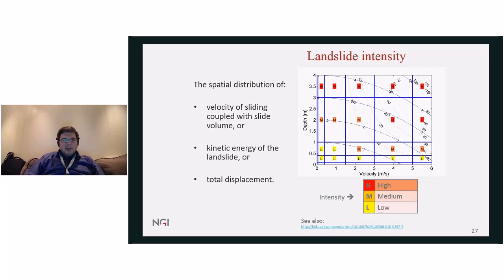Landslide intensity can be understood either by coupling velocity with slide volume, looking at kinetic energy, or looking at total displacement. For example, here when we couple depth and velocity, then with higher depth and higher velocities, we have higher landslide intensities.